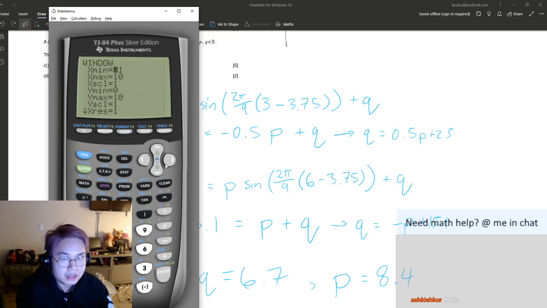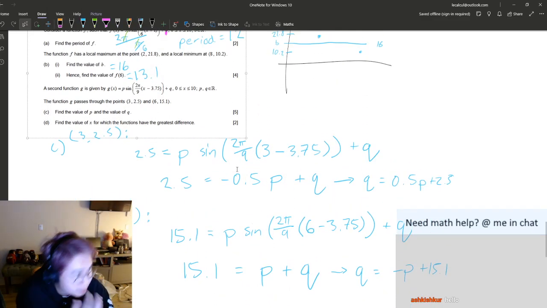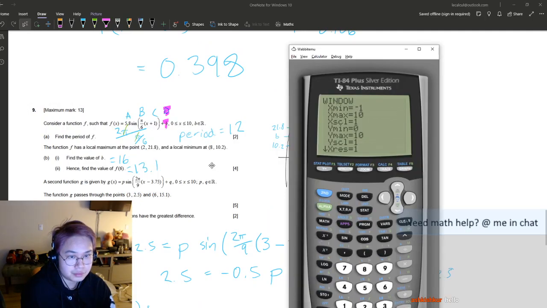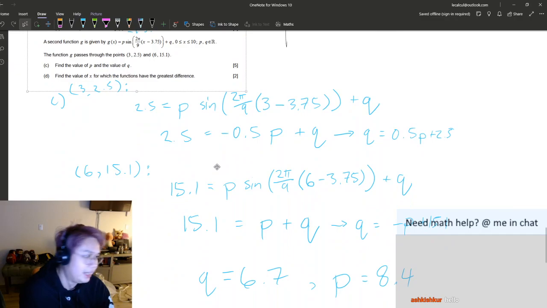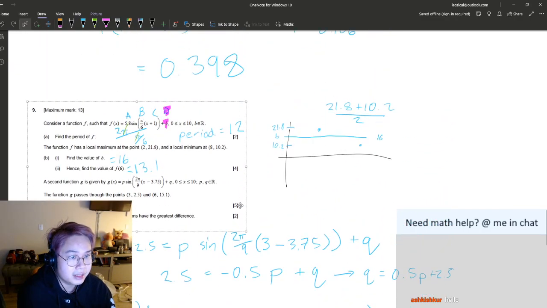All right, and then we go to the window, and let's pay attention to some things. What should my window be? Their domains are between 0 and 10. So your window should be between, I'm going to give it a little bit of leeway, from -1 to 11. And you don't have to do this part, but I will, just so that I can see the graph clearer. For the first function f, the values are in between 2 and 10.